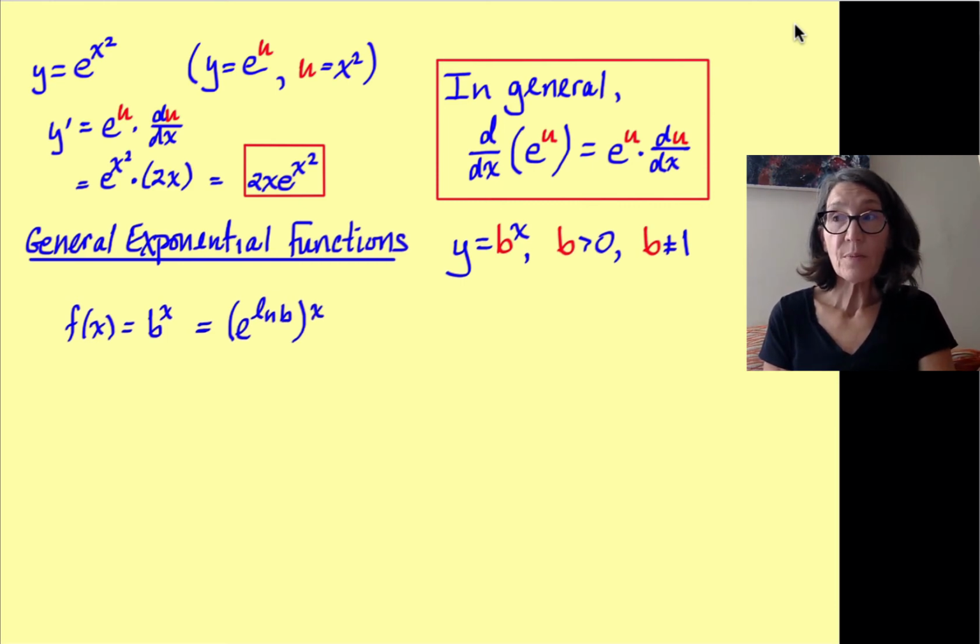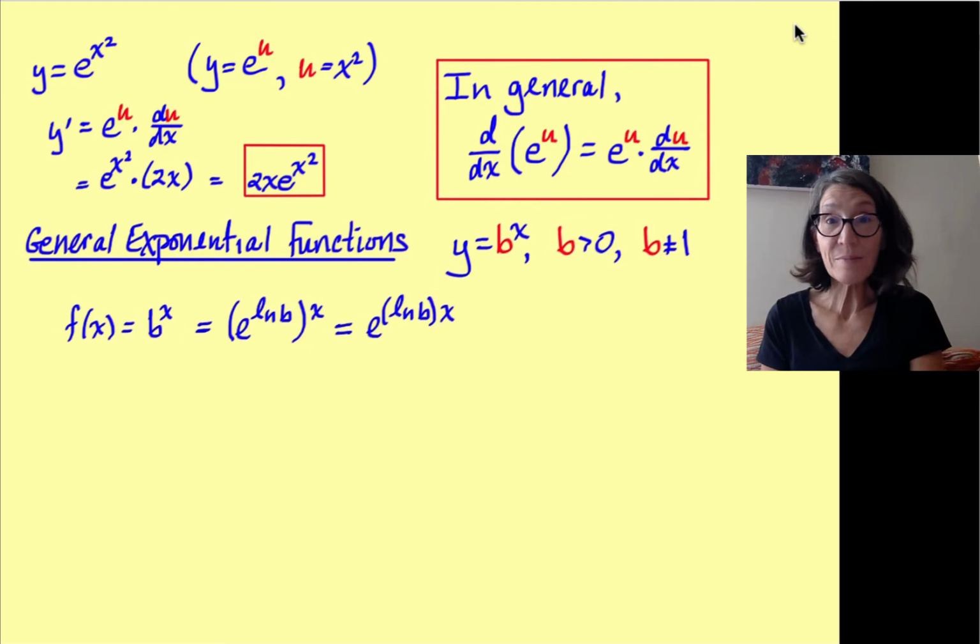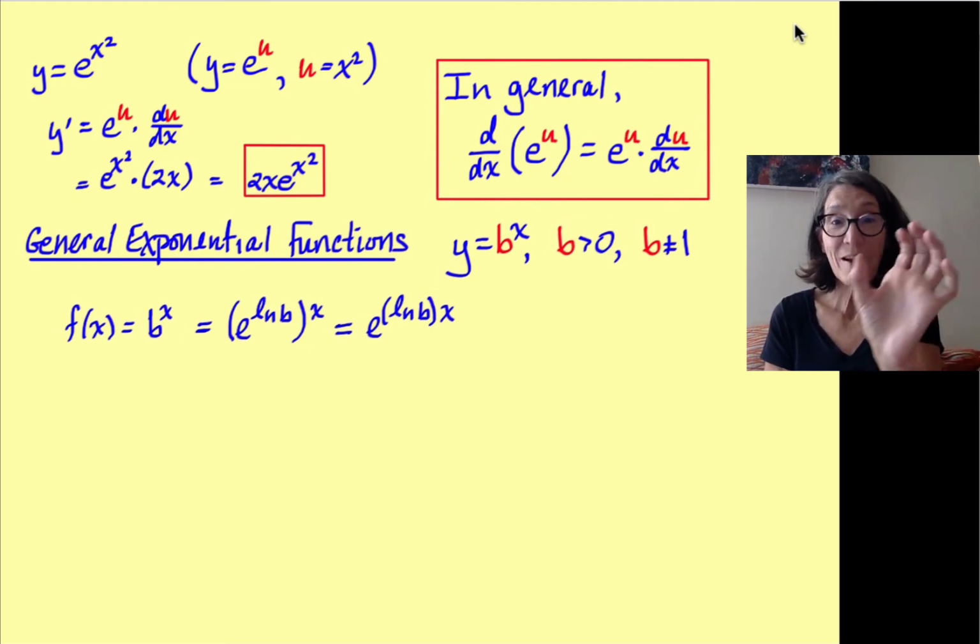Now, using the properties of exponents, I have a number raised to a power, and that's raised to another power. Well, all we have to do is multiply the exponents. So I'm going to rewrite it now as e to the natural log of b times x. The natural log of b times x is the new exponent.